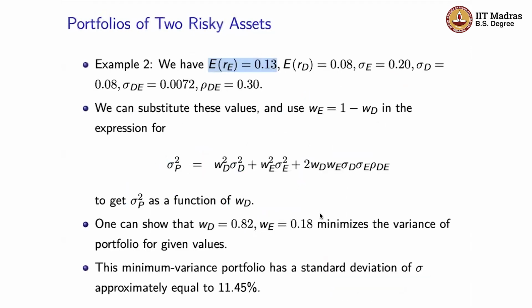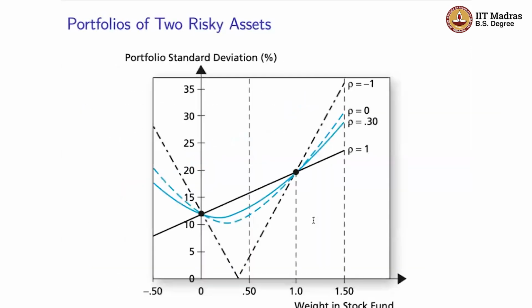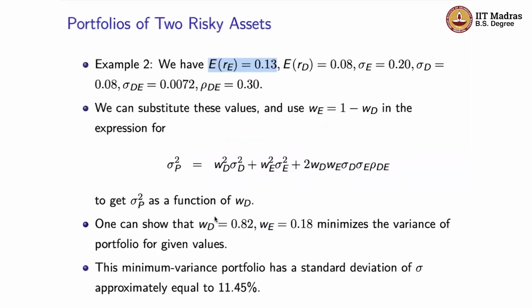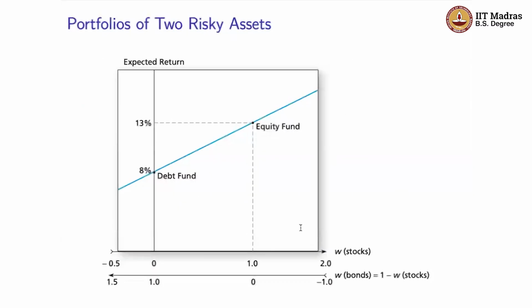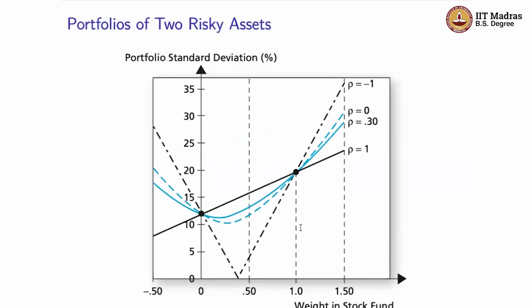This is exactly the calculation that we did here. And we showed that the lowest standard deviation that you can get, which would roughly speaking correspond to some point around here, would be around 11.45%. And in fact, we had calculated the weights as well. So the equity weight was 0.18. So in this case, where you reach the minimum standard deviation, that was the case. So we analytically also solved it.